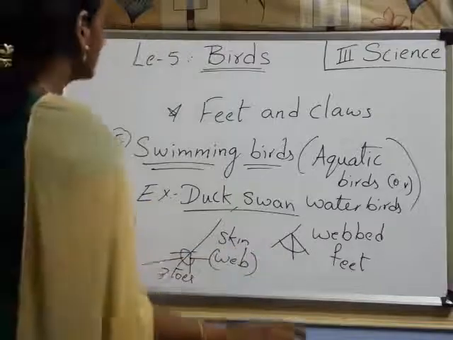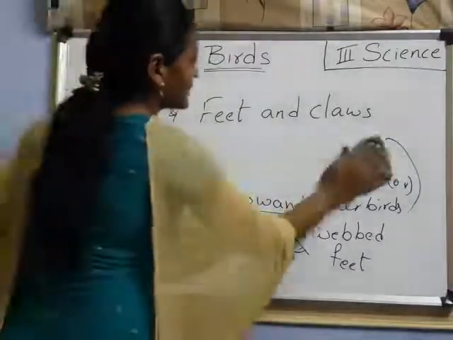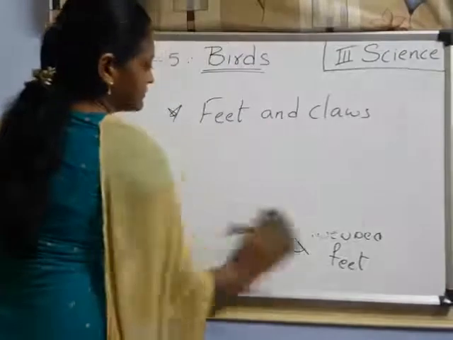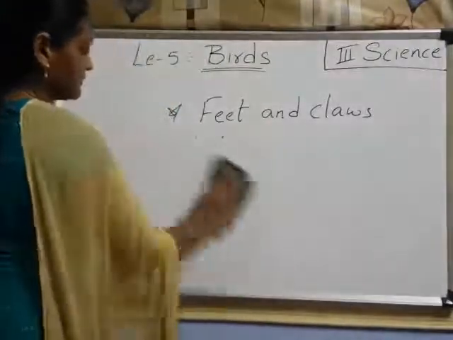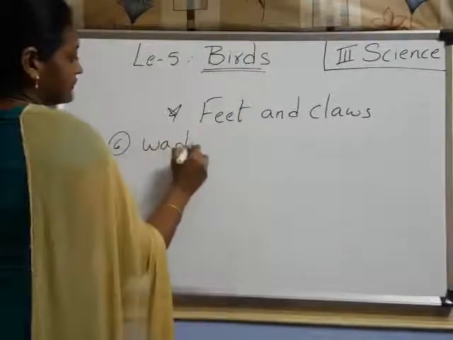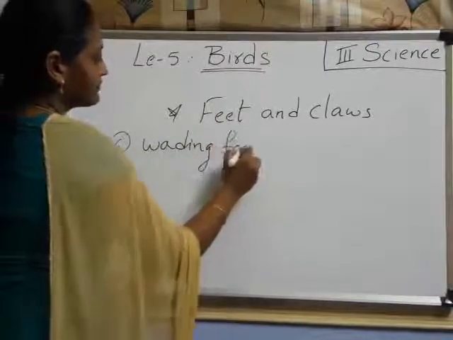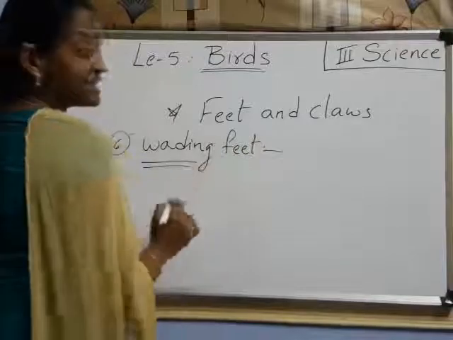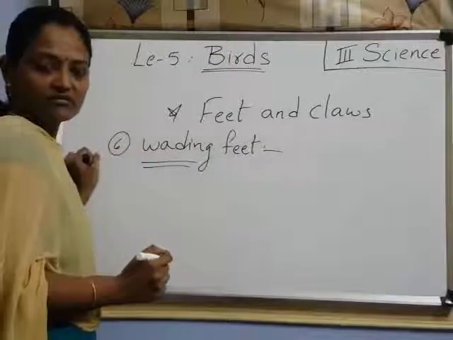Next, coming to another one. The sixth type is wading feet. What is that? The sixth type, wading. Wading feet means, children, these feet can easily move in shallow waters.